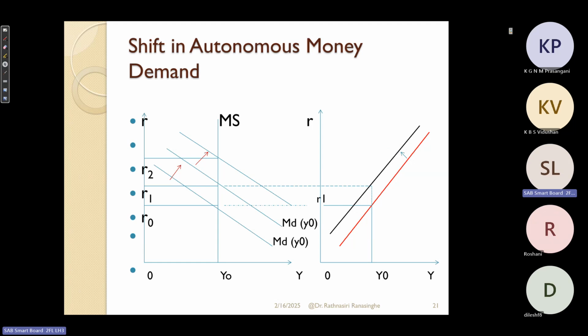Initially the LM curve is given by the red line. Due to the change in autonomous money demand, at the prevailing income the interest rate increases. That means the entire LM curve shifts to the left. If there is a rise in autonomous money demand, the LM curve shifts to the left, because of the uncertainty.